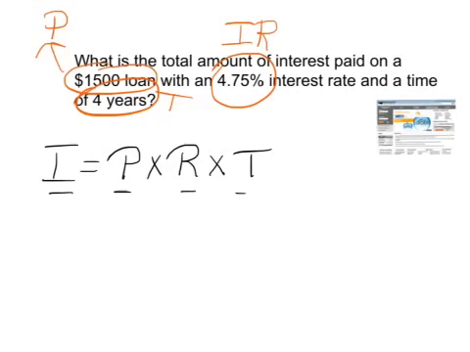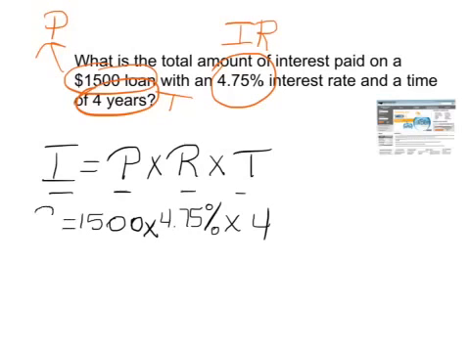What we know is how much time we intend to spend repaying this loan, and that time was 4 years. We also know the rate of this loan, which was 4.75%. We also know how much we intend to borrow or loan, which was $1,500.